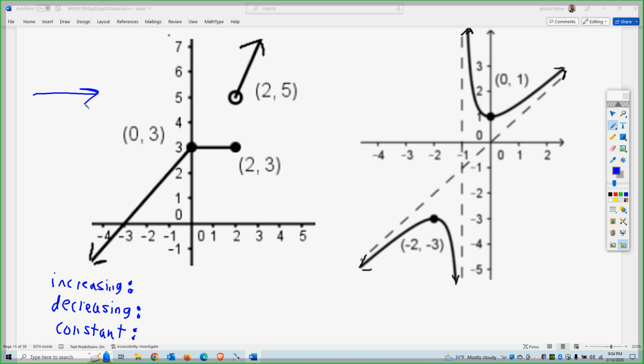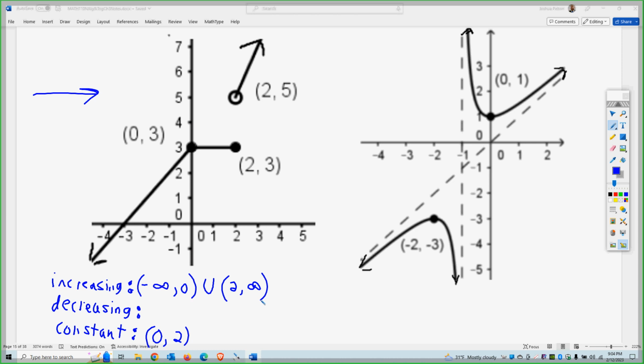It's the way you read the graph. So in the beginning, we're increasing. So from negative infinity until 0, we're increasing. So from 0 to 2, we're constant. And then from 2 to infinity, we're increasing again. So at no point are we ever decreasing, which is fine.